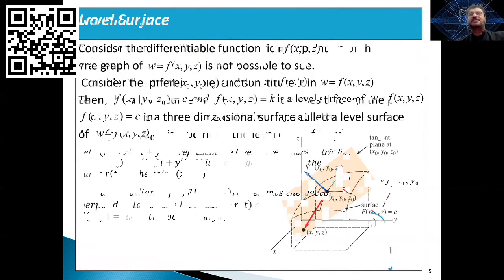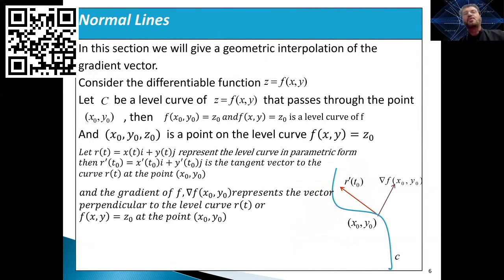Let's look at this example. Oh, before we go to this example also, what else do we know about this level surface? Let's suppose that you found the level curve to be f of x, y equal to z naught, or c, whatever it is.